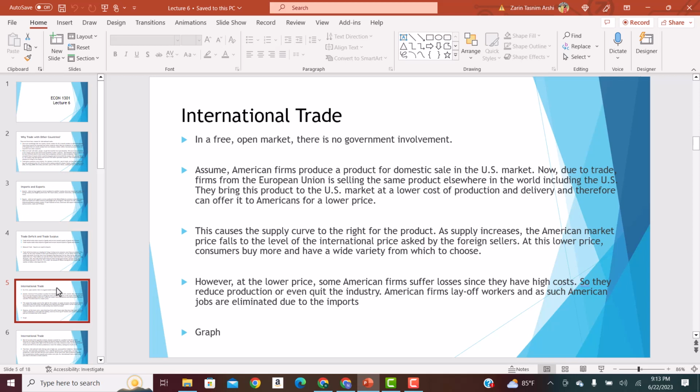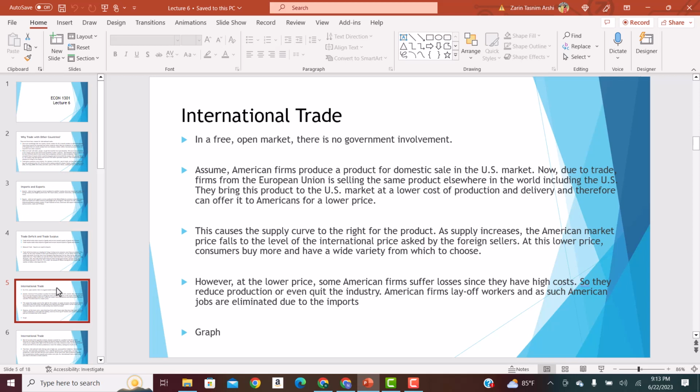But because of trade, now these products are available at a cheaper price. So people are going to buy from the European companies that are offering a cheaper price. So some of these domestic companies who are charging higher prices and are inefficient will make losses now, because people are not buying from them. And as a result, they will lay off workers and may shut down operations.